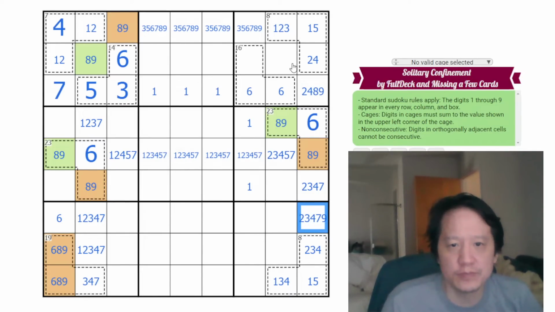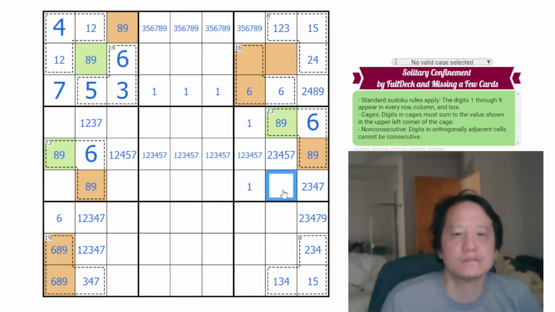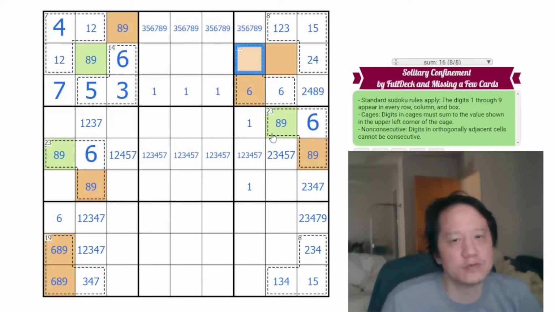Interesting. Okay. This cannot be orange. So orange cannot be here, here, or here. So orange is one of these 3 because they're consecutive to each other, right? Well, it could be 7 there. It's possible.